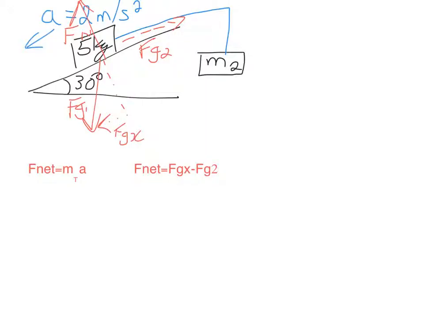Mass total times the acceleration. And I understand mathematically that the total mass is m1 plus m2. Hopefully that's a pretty simple extension. So I'm going to do some substitution work in here now right away to help us figure this out. All right.